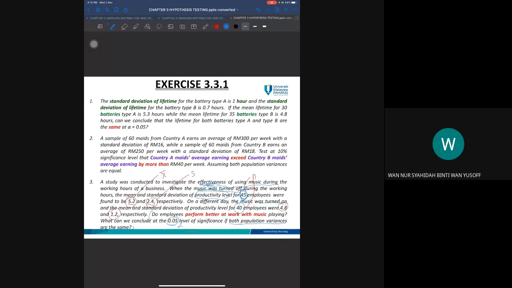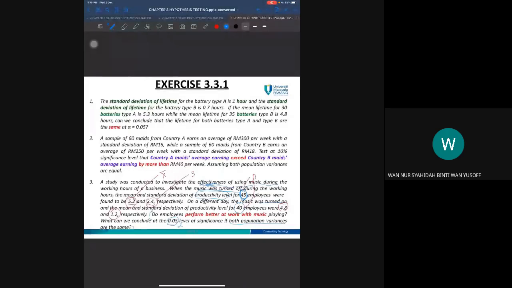So you are given some information here, and then you need to conclude whether employees perform better at work with the music playing. So we know that we have a quantitative variable, then the most common parameter that we will go to first is mu. So that's why here we consider mu as our parameter. When you conduct your own experiment and you collect quantitative data, the first parameter that we will use is mu.